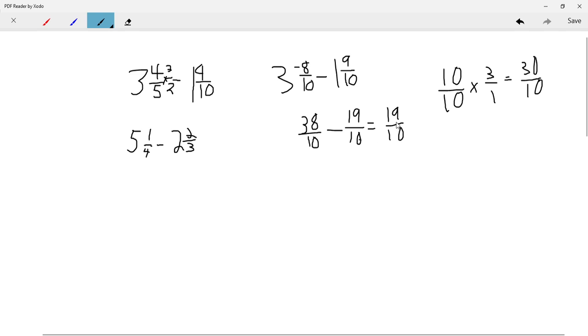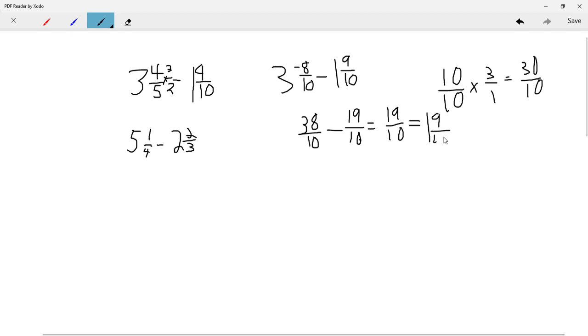So the answer is 19 tenths, or if you wanted it in mixed number form, since we know that 19 tenths is 1 and 9/10, we can do that.